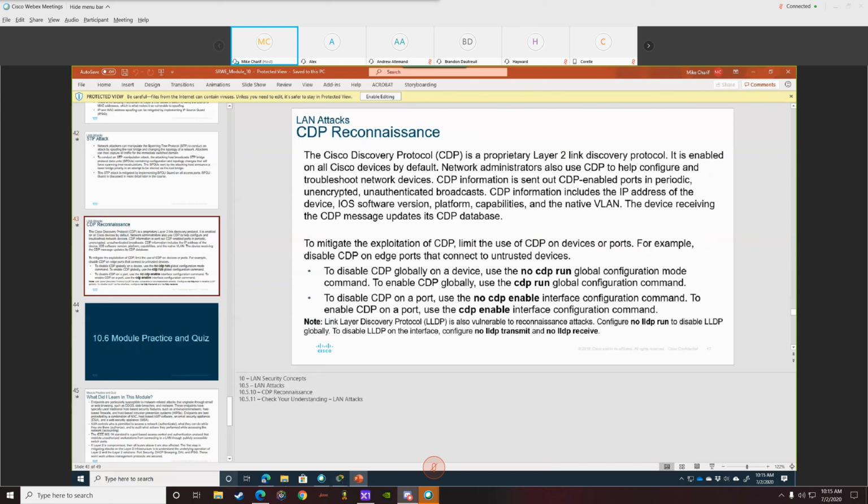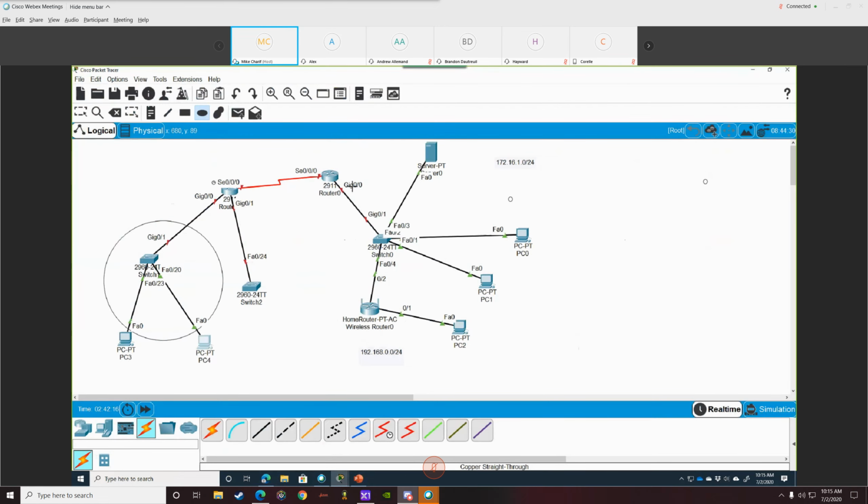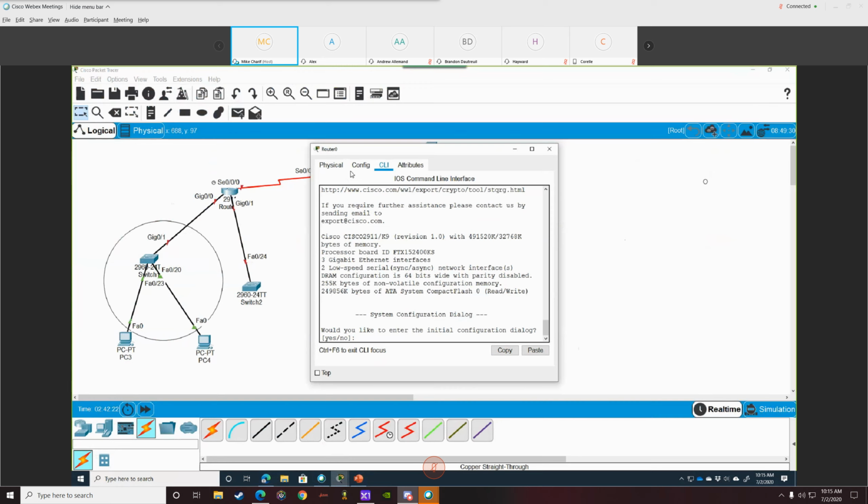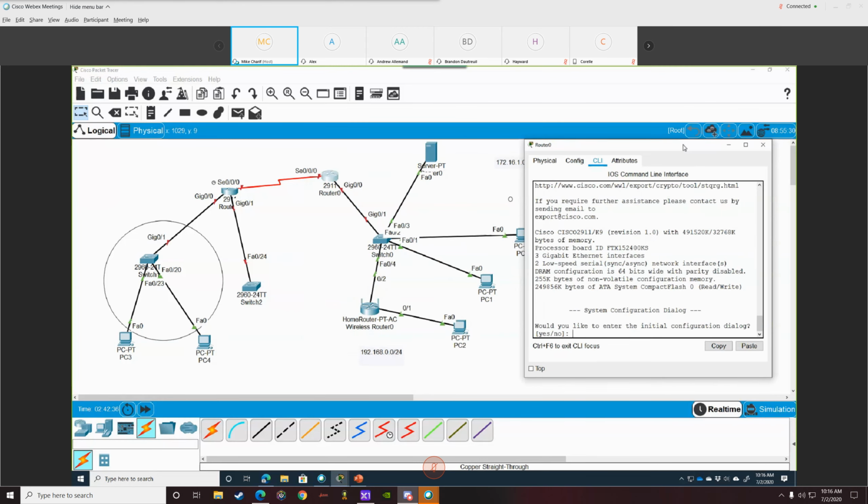So let's see. Let's configure those two ports right here.